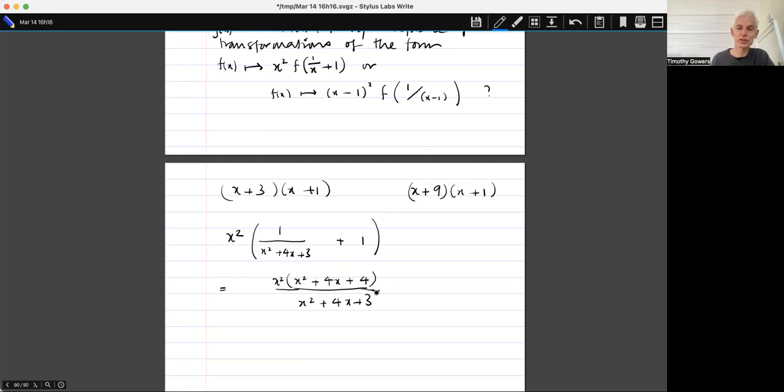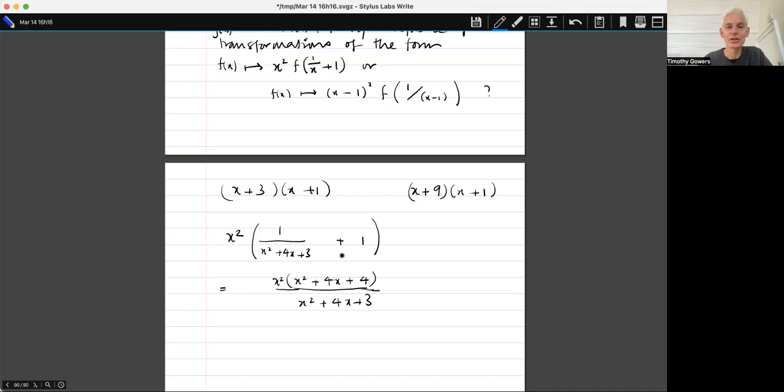So what we do see is that there was a root at minus 3 on the top of this, and now that root appears on the bottom. So at minus 3, we have a pole of order 1. So could it be that the parity of the order of the pole at minus 3 is an invariant?